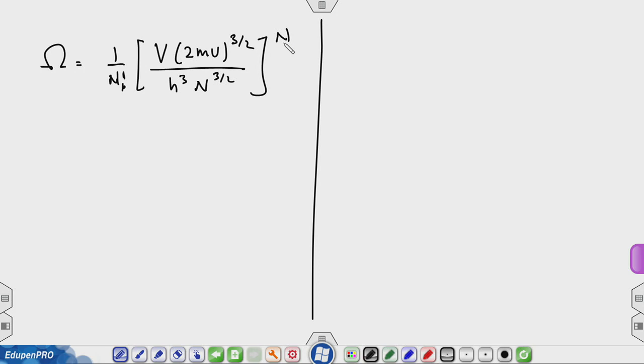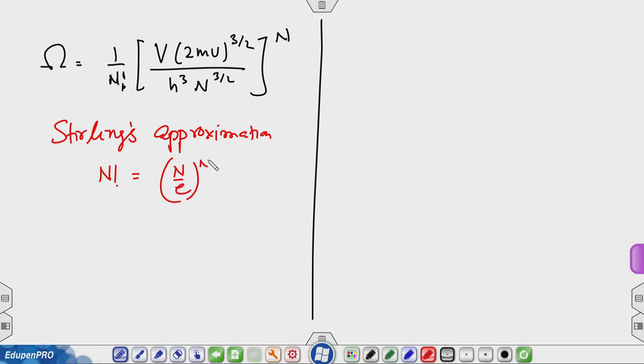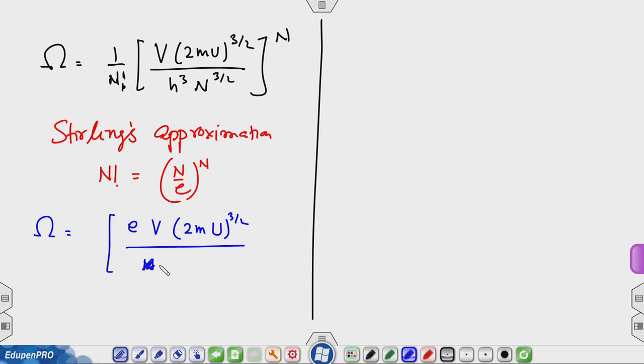I can now for large n make Stirling's approximation, and write n factorial as n over e raised to n, which gives me omega equals e V 2 m U raised to 3 by 2 divided by h cubed n raised to 5 by 2, raised to n.